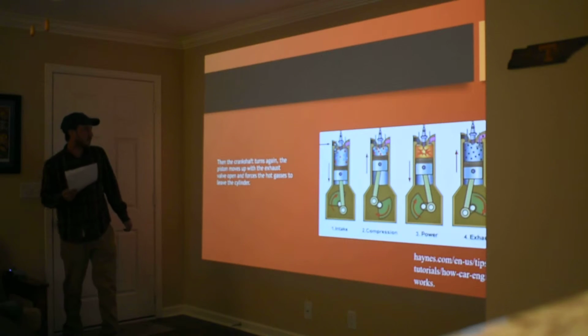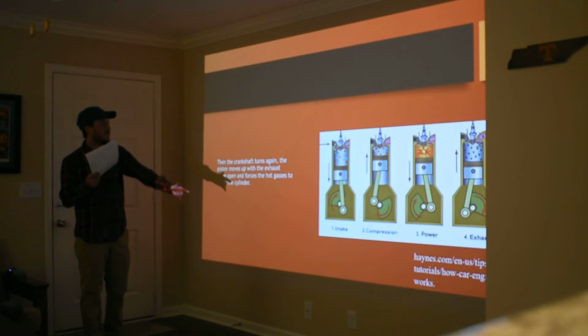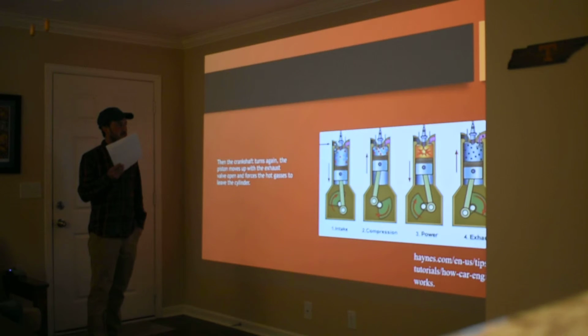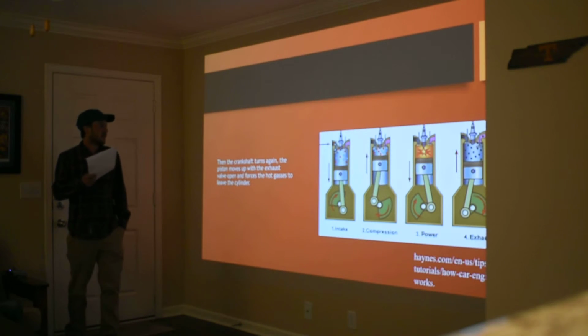And then on compression, the piston moves up and both valves are closed, which lowers the volume of the cylinder and creates compression in the cylinder. And then at the very top of the stroke, your spark plug will ignite.